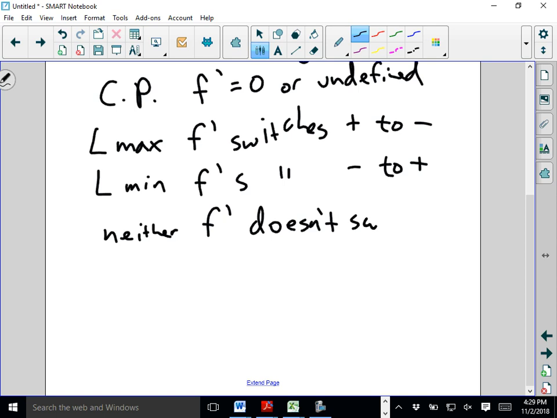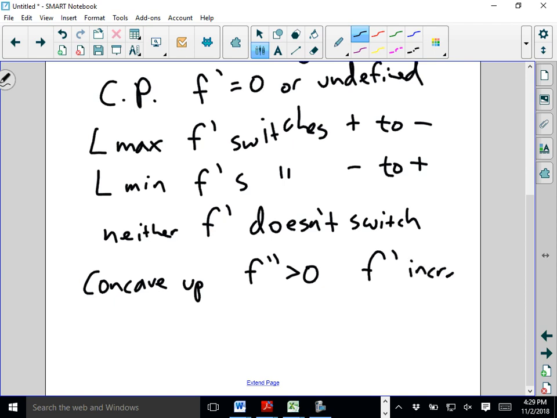Concave up, f double prime is greater than 0. I told you that there was another definition that's going to be important to remember. That also means f prime is increasing. This is going to be helpful today. Concave down, f double prime is negative, or f prime is decreasing.